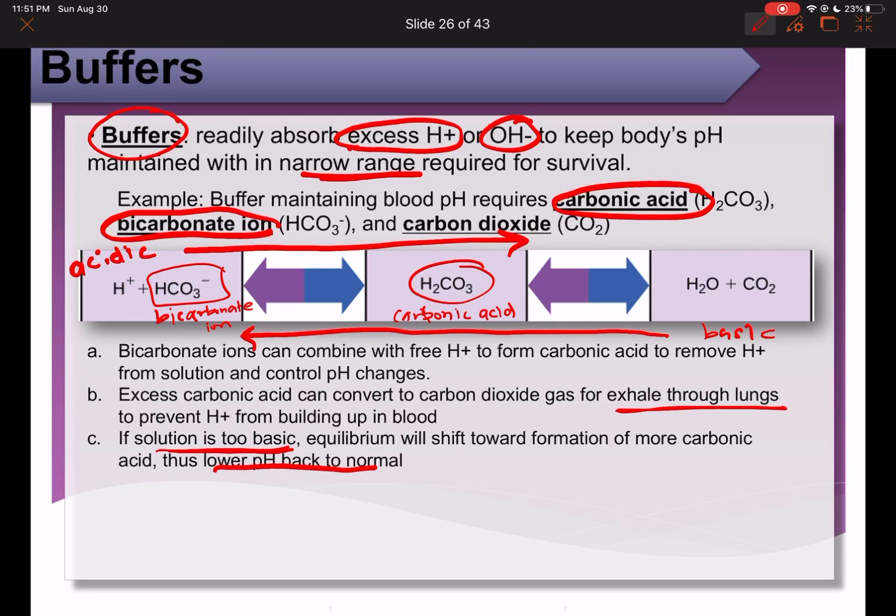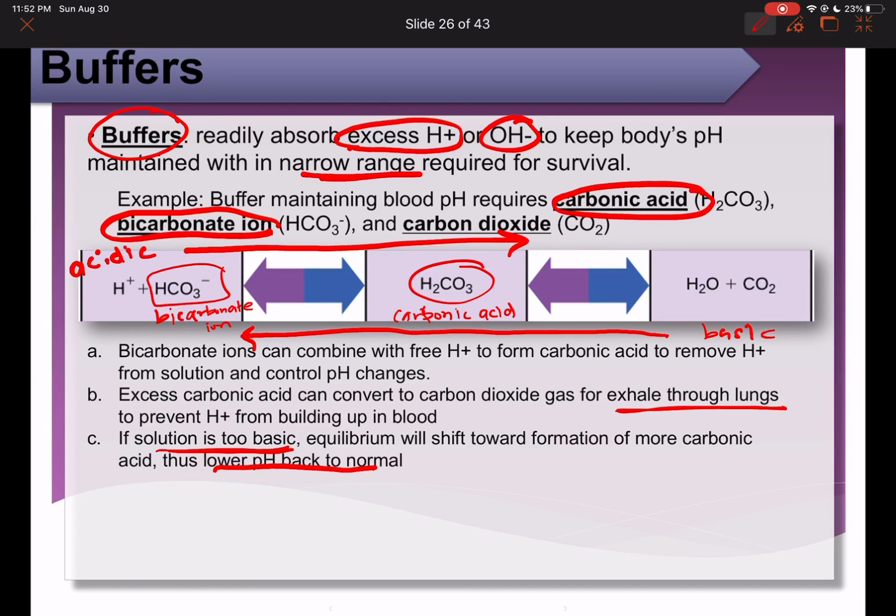Because it's too basic to begin with, you need more hydrogen ions to lower the pH back to normal. If it's too acidic, you need to form carbonic acid and release it into the air or as water molecules to raise your pH back to normal.